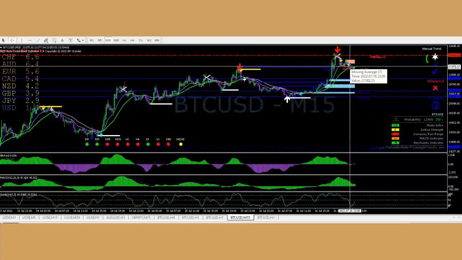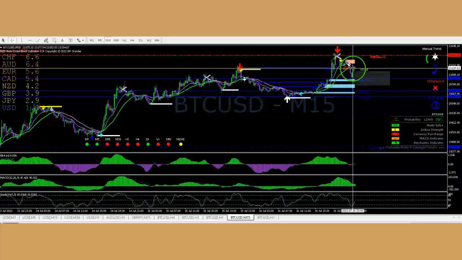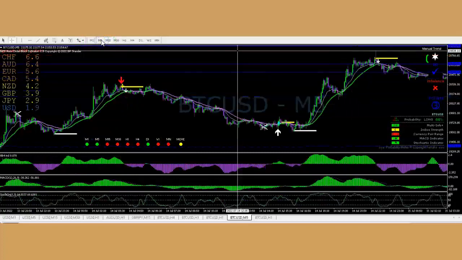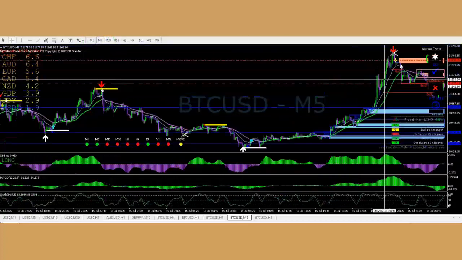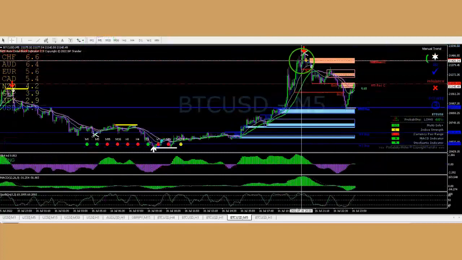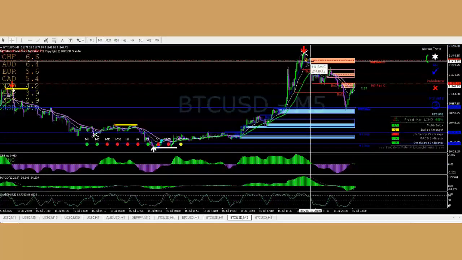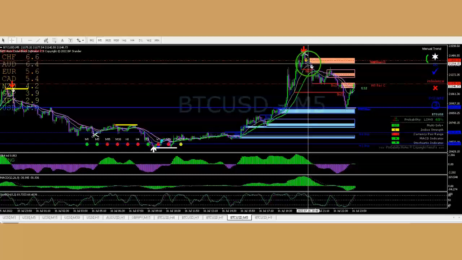You see the XB4 flipped to purple, right? So I guess you can enter right here. If you go down to the 5 minute, you can see oversold, the MACD is coming out, the XB4 flipped, and you can enter right here, right?